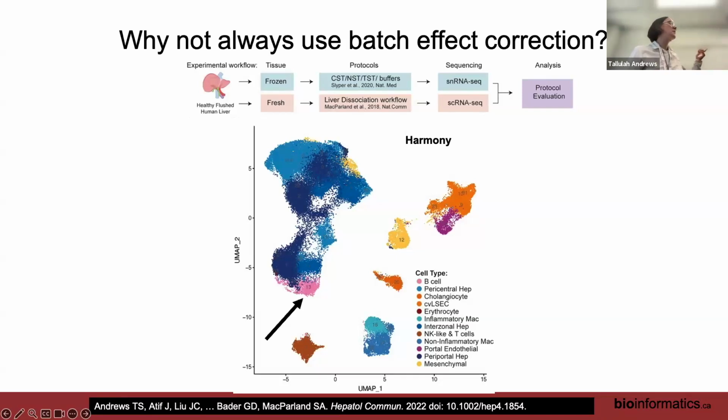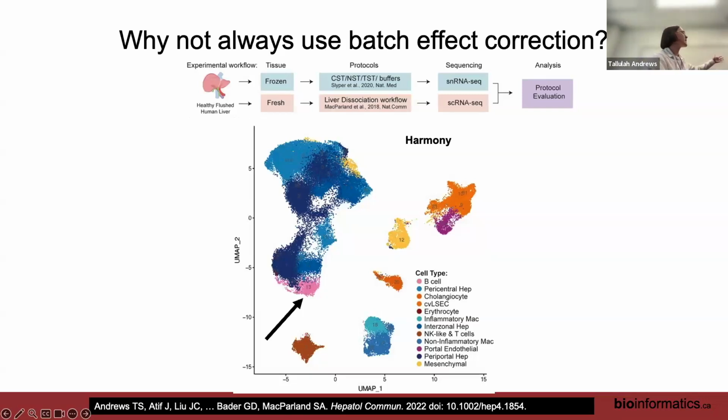And yet here on our UMAP, they're stuck together, and that's because we used a very strong data integration method, and B cells were not present in some of our samples. So our integration method said, hey, what's most similar to a B cell in the sample? It's a hepatocyte. Okay, stick together, you're now the same.